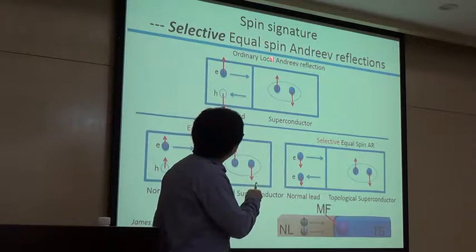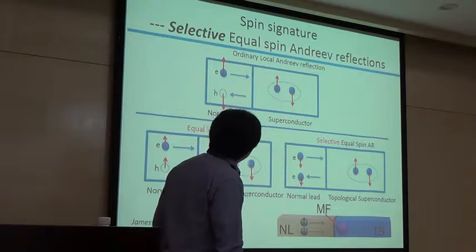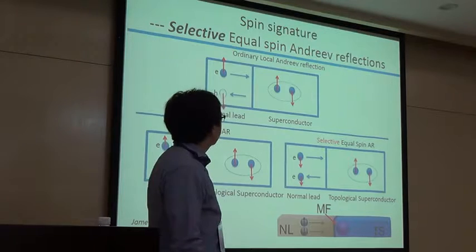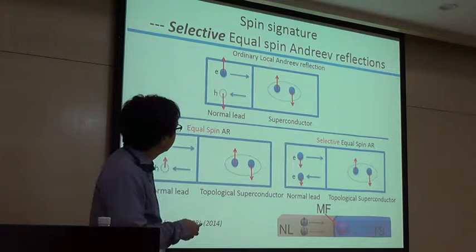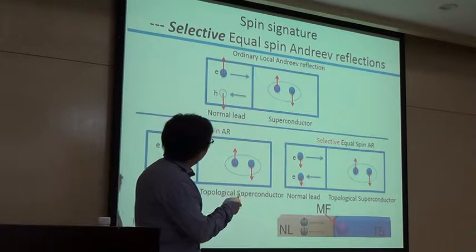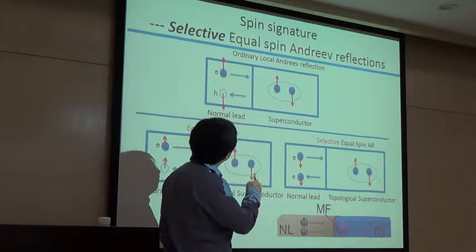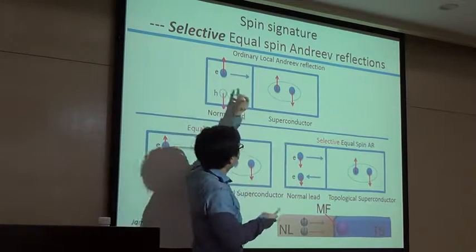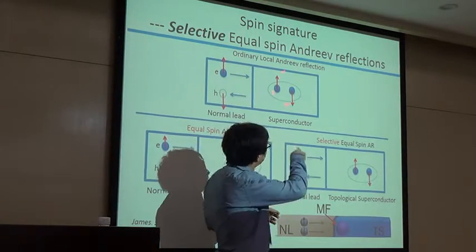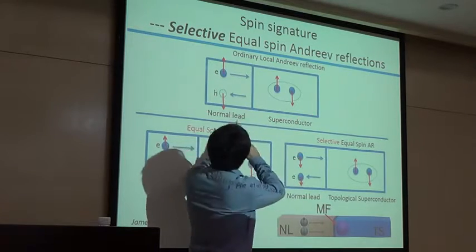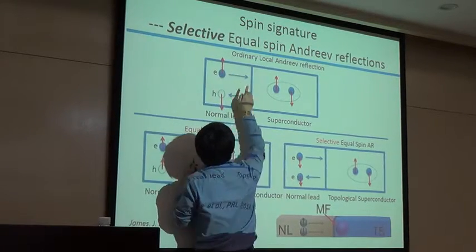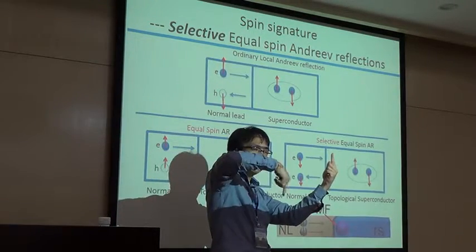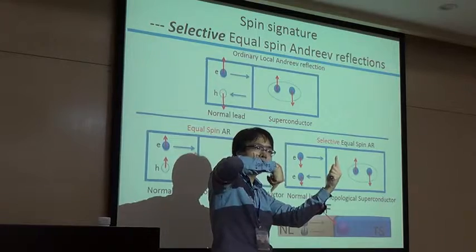And recently we also have a proposal about the spin signature of Majorana. Basically, last year we predicted that. If you have an ordinary superconductor with a normal lead, and I shoot electrons in, these electrons have to form pairs inside the superconductor. So I shoot a spin-up electron in, and below the Fermi energy I have to grab an electron with opposite spin, the spin-down electron.